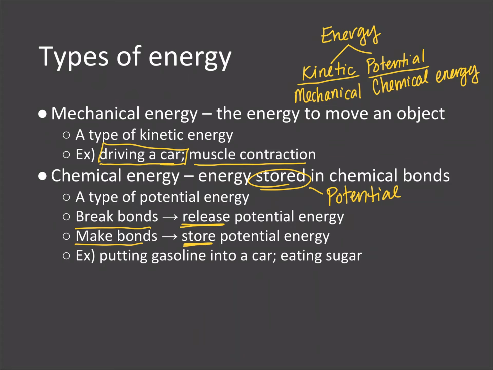And so for your car, the chemical energy is actually stored in molecules of gasoline. Gasoline is just an organic compound, and it's made up of a whole bunch of carbons bonded together with hydrogens.